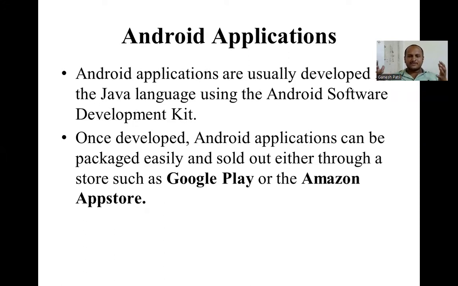First you download the Android Studio, install it on your machine, and after that, with the help of the Java language, you can develop one application. Once I have developed one application, this application can be packed easily and sold either through my Google Play Store or Amazon App Store.